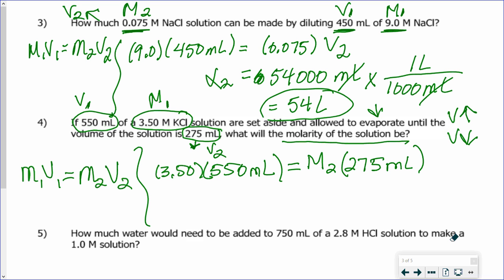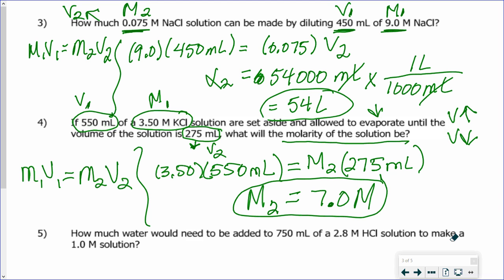And I got 7. So M2 should be 7. Now I should have 2 sig figs. So you would have to write 7.0 big M. Okay, here's your answer. All right, let's look at number 5.